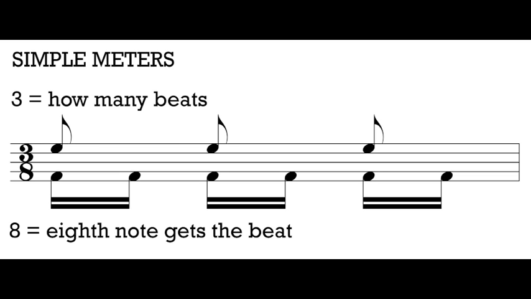Because this is simple, our division is going to be a division of 2. We're going to have 2 equal rhythmic values below each of our beats, and smaller than an eighth note, it's going to be 2 16th notes for 3-8. Here's a nice diagram of 3-8, which is a simple triple meter. There are 3 beats in this measure, and so 3-8, a simple triple time signature.